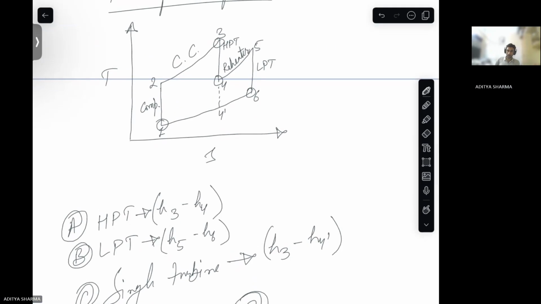Right? And is there any effect of reheater on your pressure ratio? So as per our discussion, there is no mention of a relation between pressure ratio and your reheating, right?